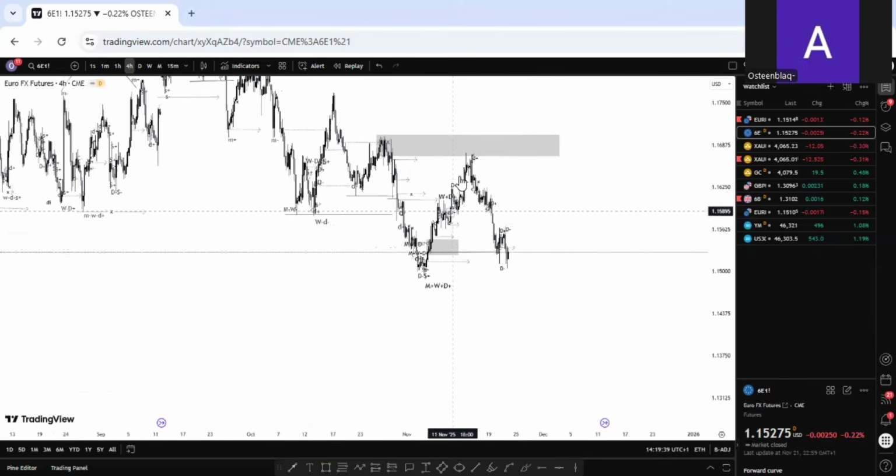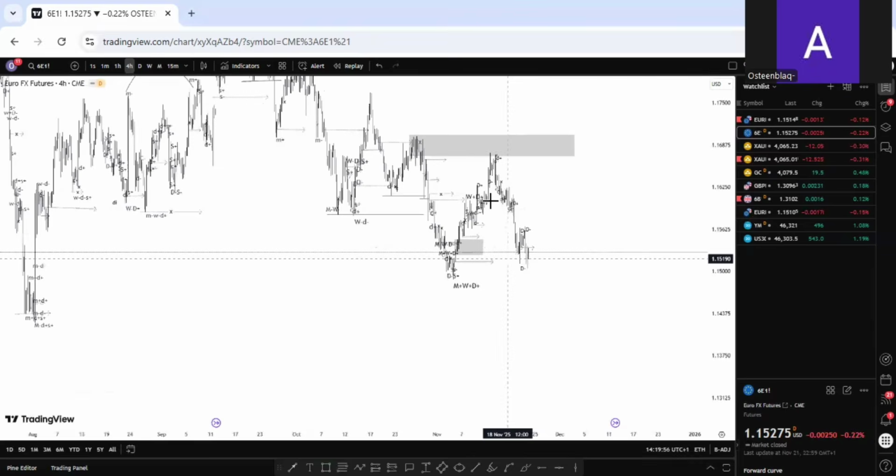I bought here, and I closed all my targets here. And when I saw engineered liquidity, I sold. When I saw engineered liquidity here again, I sold, right? I sold twice from here.